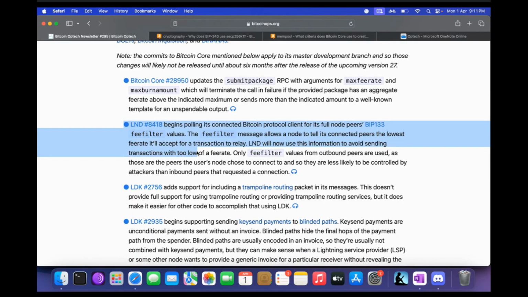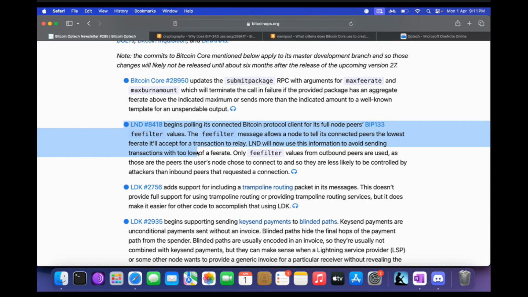The Lightning network does not know what is happening on layer 1. So the Lightning network cannot estimate fee. Your Lightning node cannot give you a fee estimation because it has no access. It doesn't have a mempool. It doesn't have access to the mainnet. So it relies on a Bitcoin node to estimate fee for it. So your LND Lightning node is connected to a Bitcoin node that estimates the fee for it.